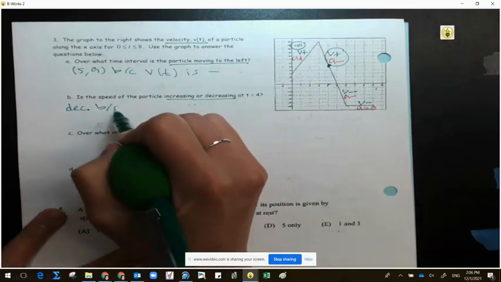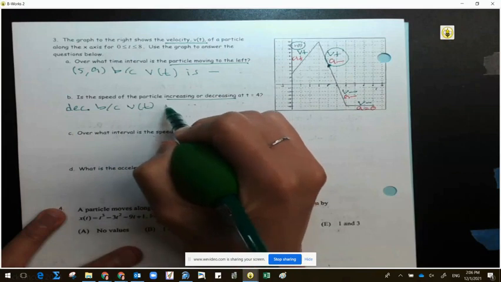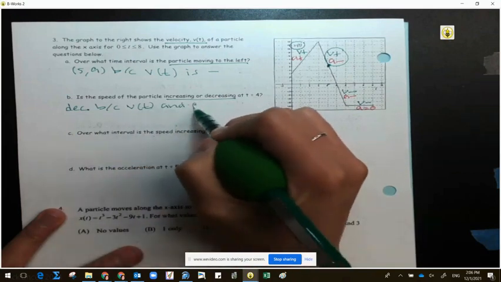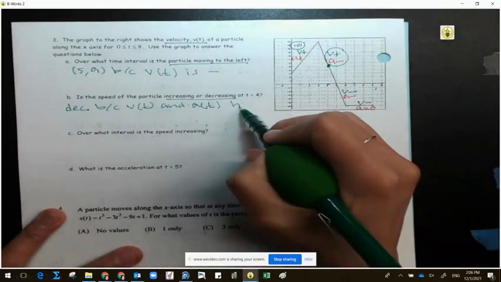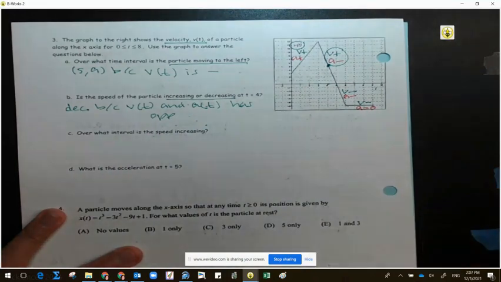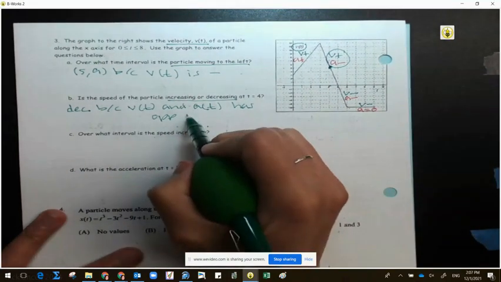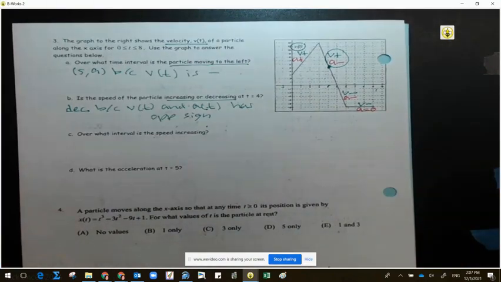It is decreasing. And let's write the reasoning. Because the velocity, V of t, and A of t has opposite sign. What if you were to say one is positive and one's negative? Is that sufficient? For sure. That's still full credit.